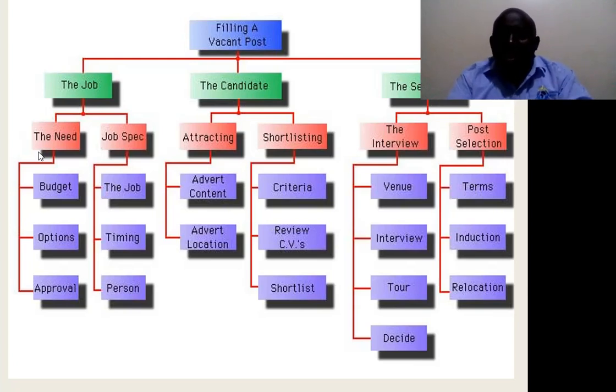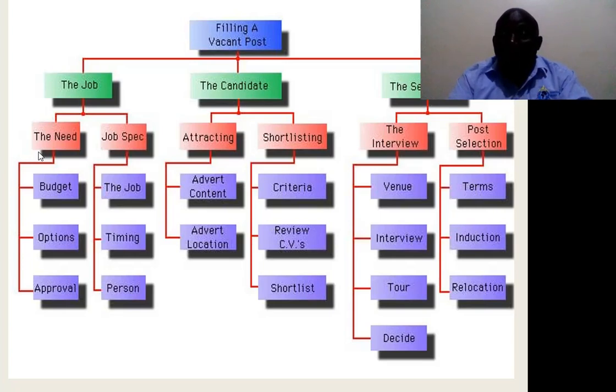Then the last structure in our work breakdown structure will be the selection process. Under the selection process, we have the interviews and the post-selection. Under interviews, you look at where we are going to sit, what is going to constitute the interviews, and which questions we are going to ask the candidate, and then you make a decision.